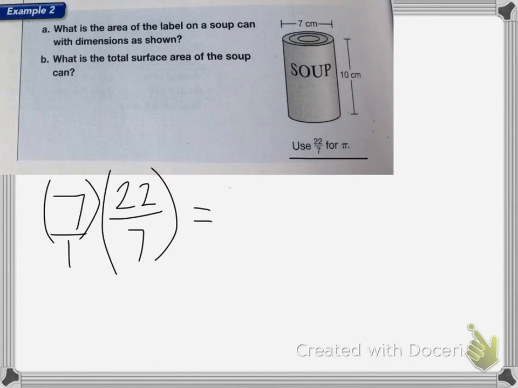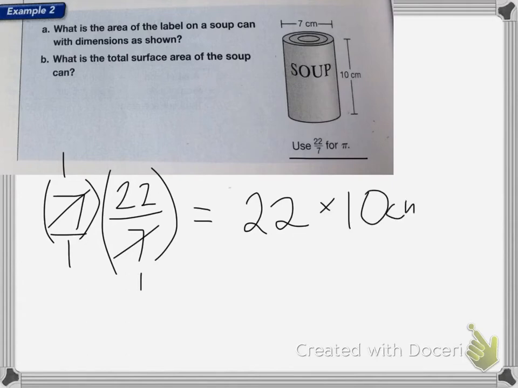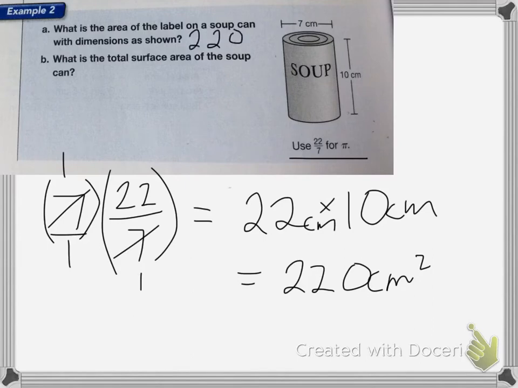Okay, so the 7's cancel, becomes 1. So the length is going to be 22. And you multiply that times the height. And the height of my can is 10 centimeters. So 22 times 10 centimeters is equal to 220 centimeters squared. So that's the area of the label, 220 centimeters squared.